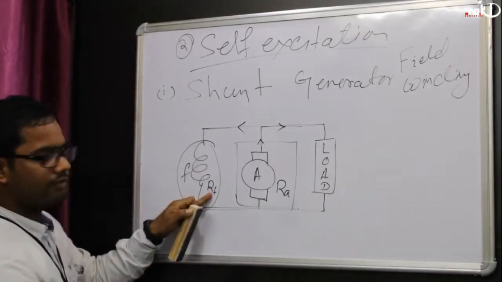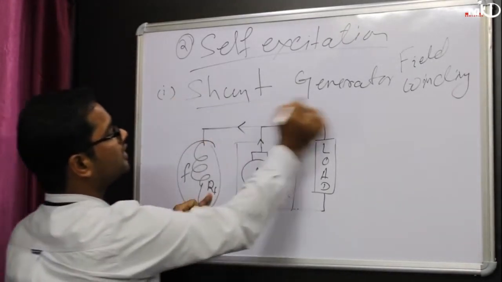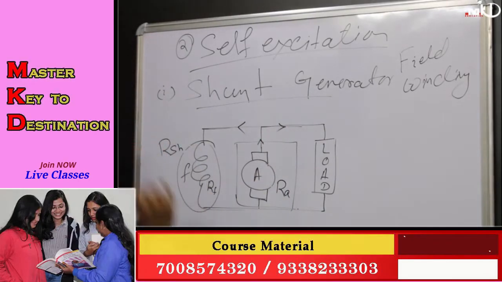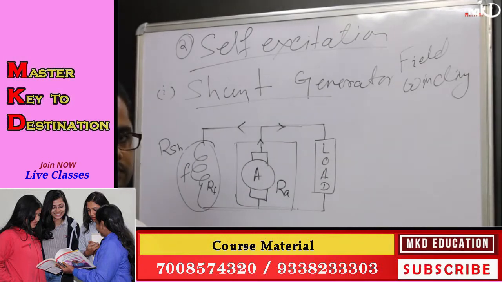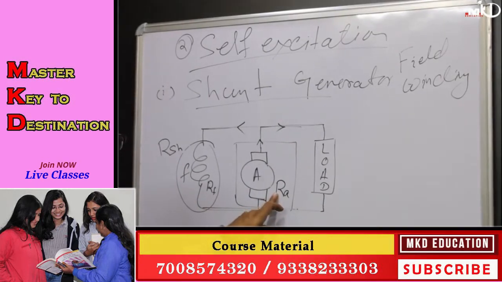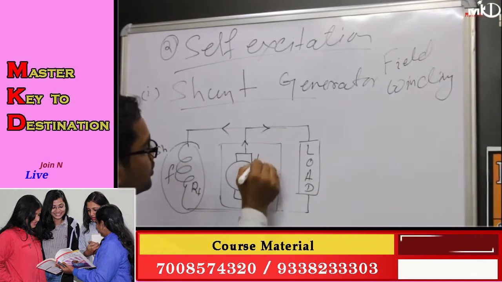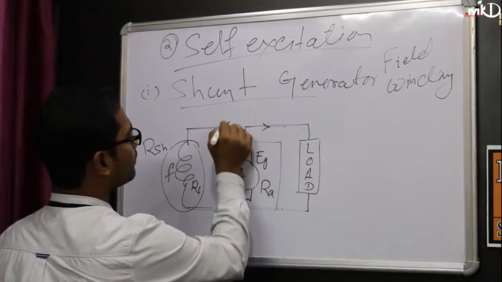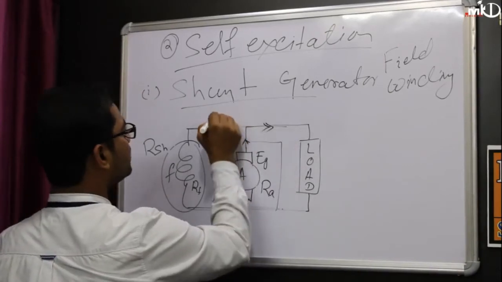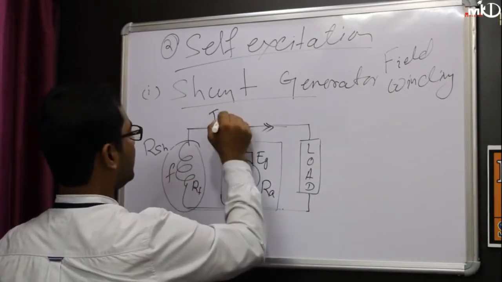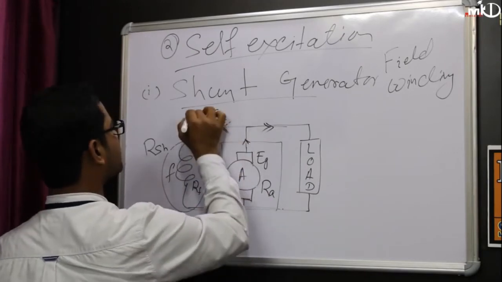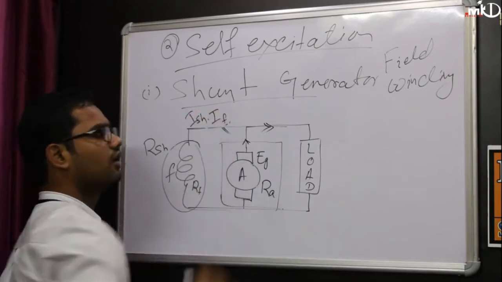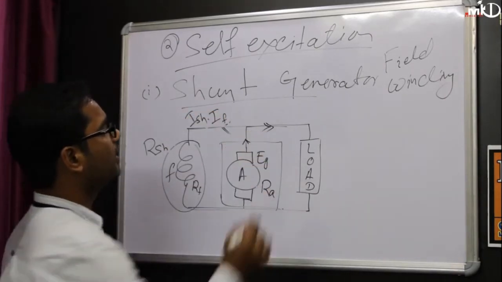So your field RF, simply it is RF, but for the shunt generator case, it will be written as RSH, shunt field resistance, and resistance of armature is RA, and generation is your EG, same thing. Current here is IF, or you can say ISH, and your load current is IL.